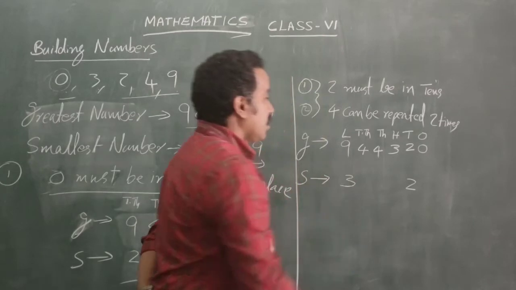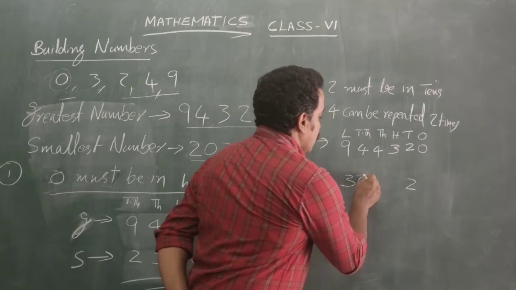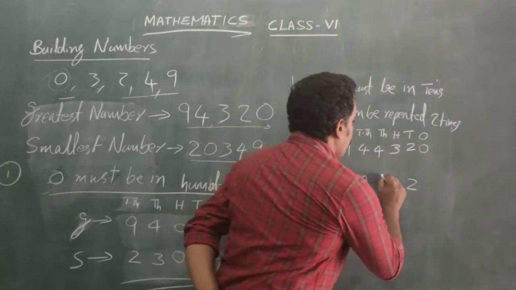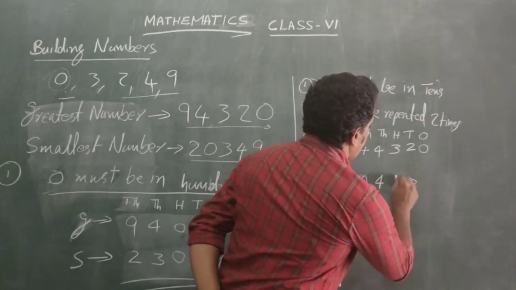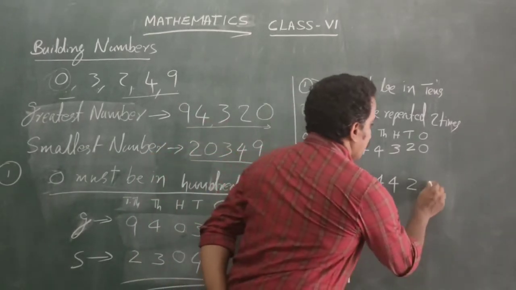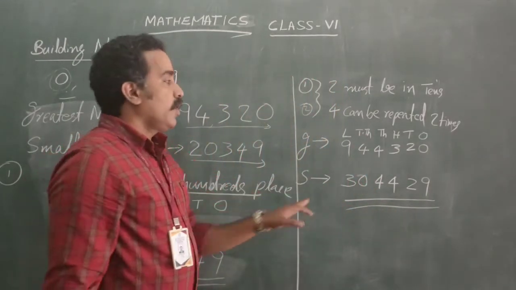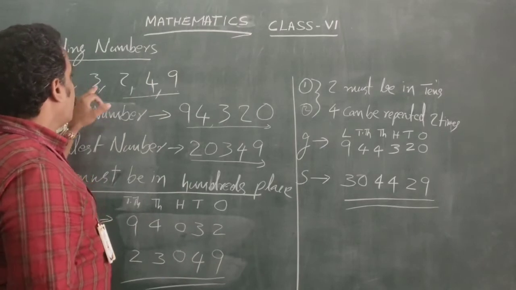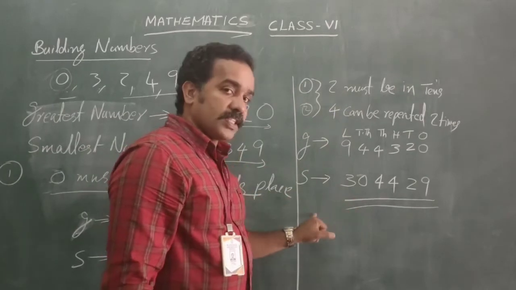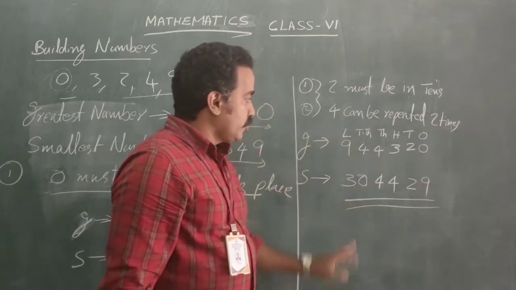So here 3 and then 0. 4 can be repeated 2 times, so one place is here 4 and here also 4. Then last digit must be 9. So this is the smallest 6-digit number we can make using 0, 3, 2, 4, 9, where 2 must be in tens place and 4 can be repeated 2 times.